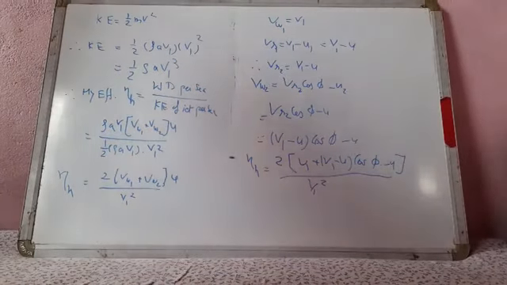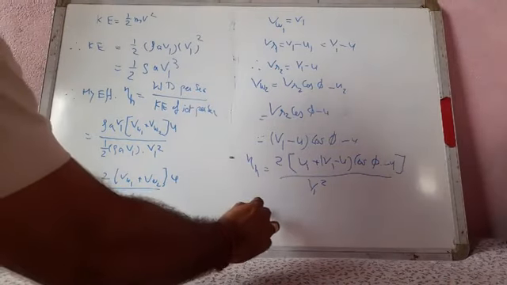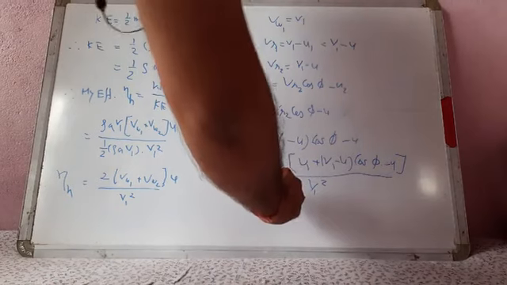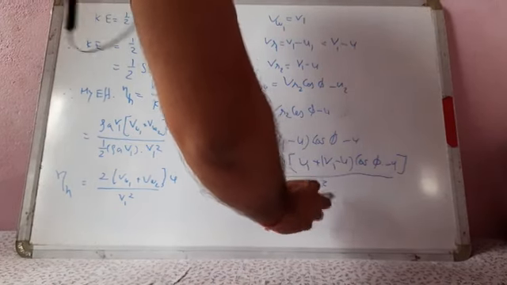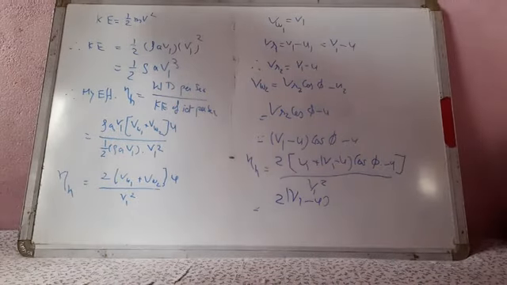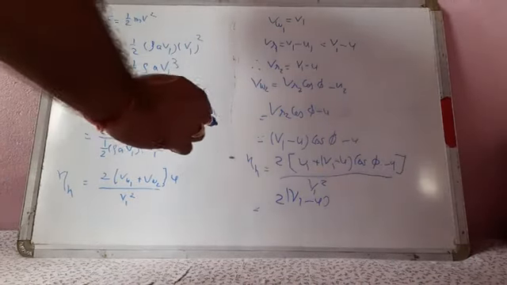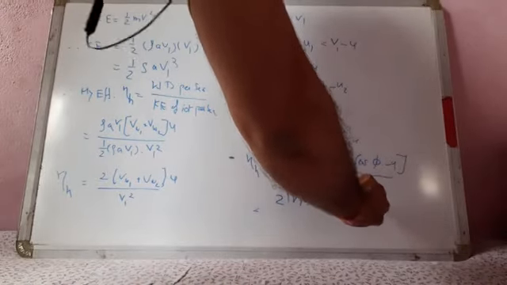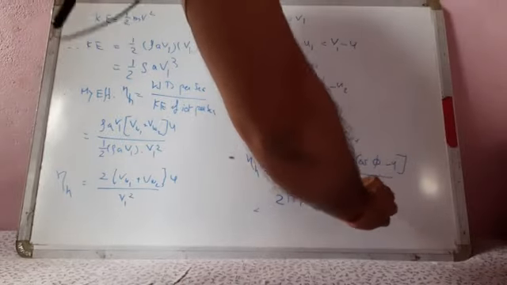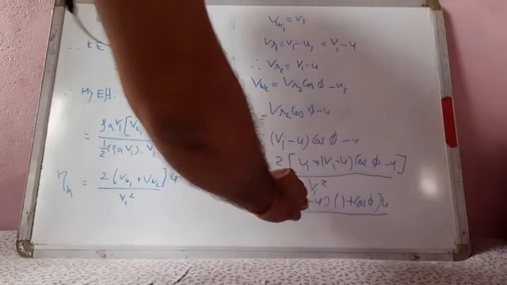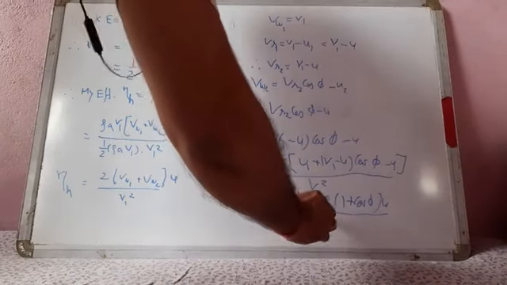Now this is equal to 2 (V1 minus u), taking common (1 plus cos phi) into u, by V1 square.